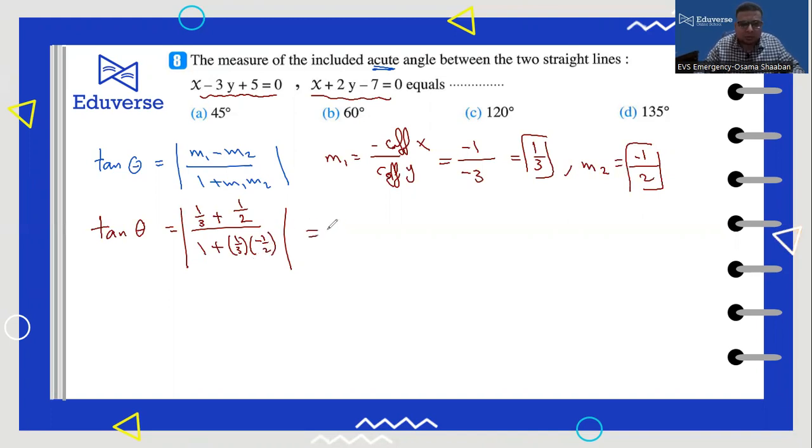This absolute value will be equal to 1. So shift tan, you will get theta equals shift tan of 1, you will get 45. So you will choose 8.